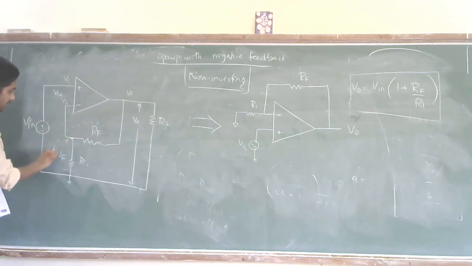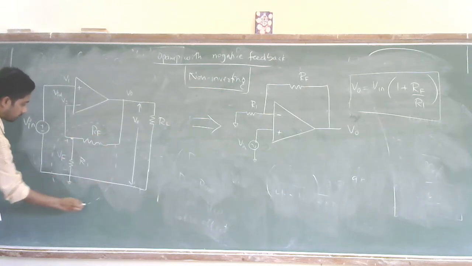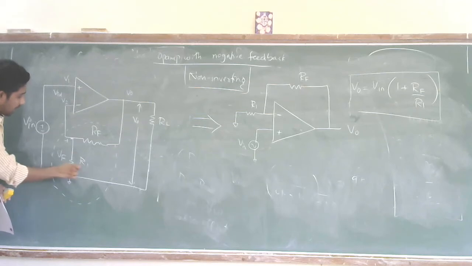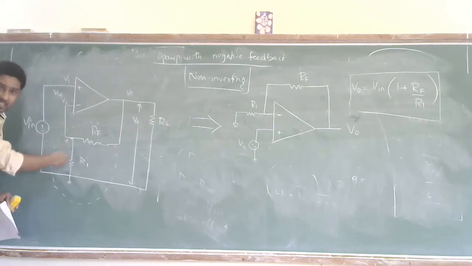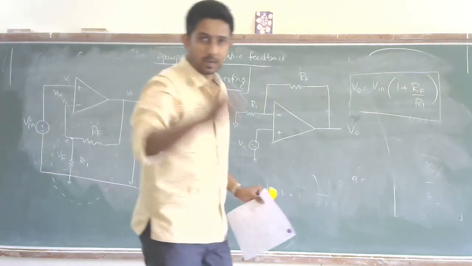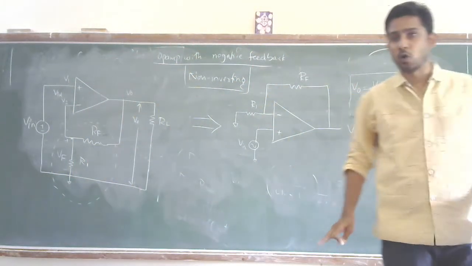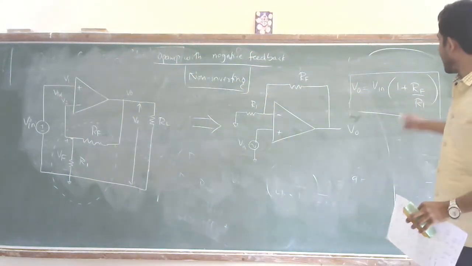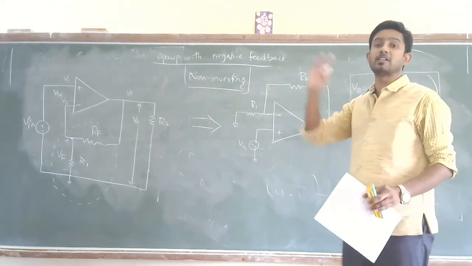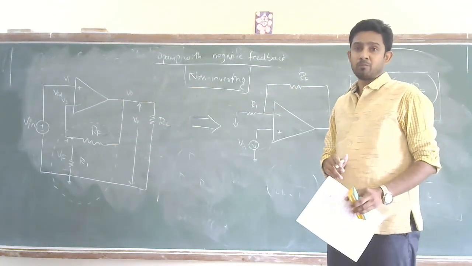Look here, this entire block, the combination of RF and R1, is your feedback network. Possibly in your basic electronics course, you were unaware that the combination of these two together will behave as a feedback network.